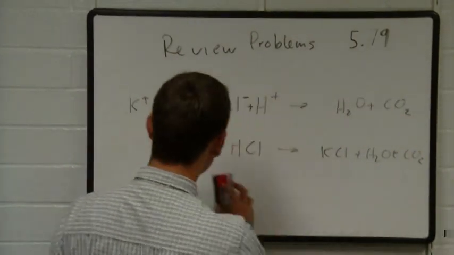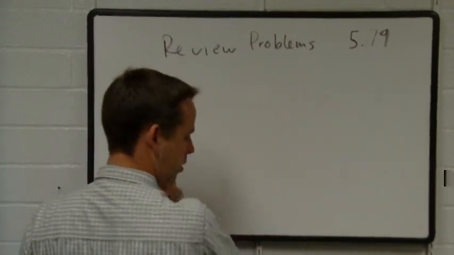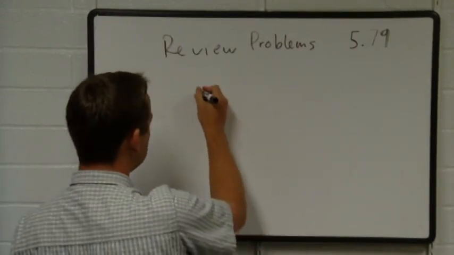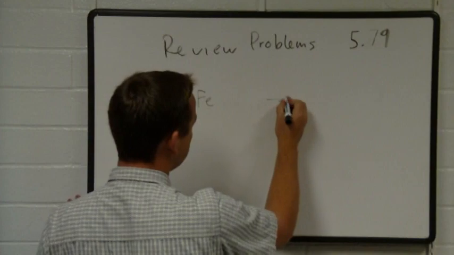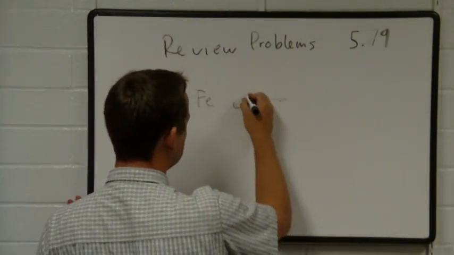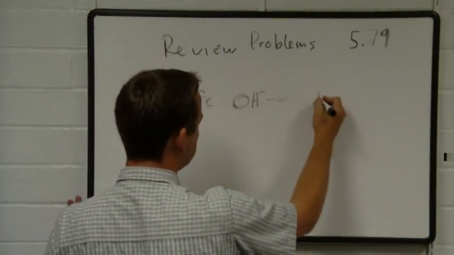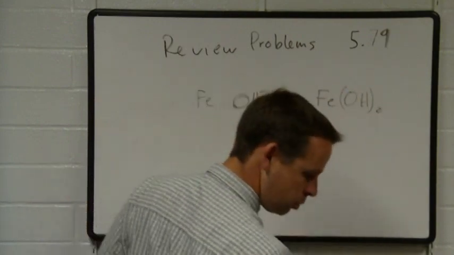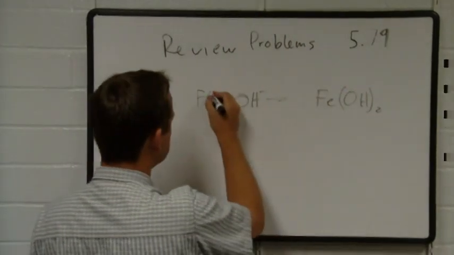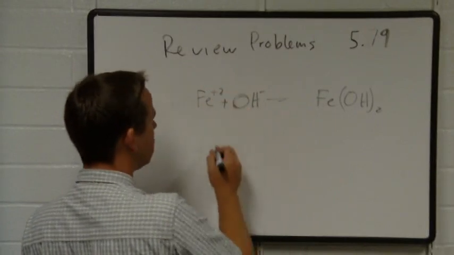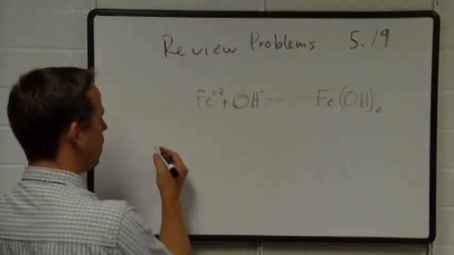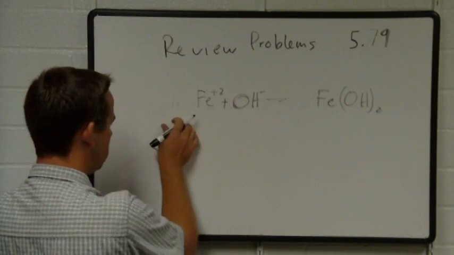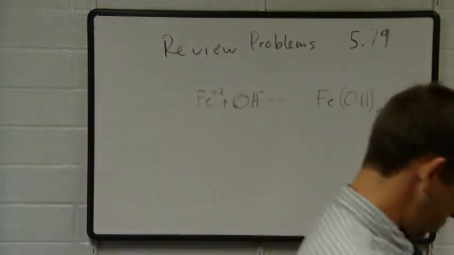Iron and hydroxide coming together to form iron hydroxide. Iron, Fe, and a hydroxide ion, OH minus, coming together to form Fe(OH). Is it iron 2? Iron 2, yes. All right, so what did the iron come with? Maybe chloride? Let's see if we can get a better pen here for us.